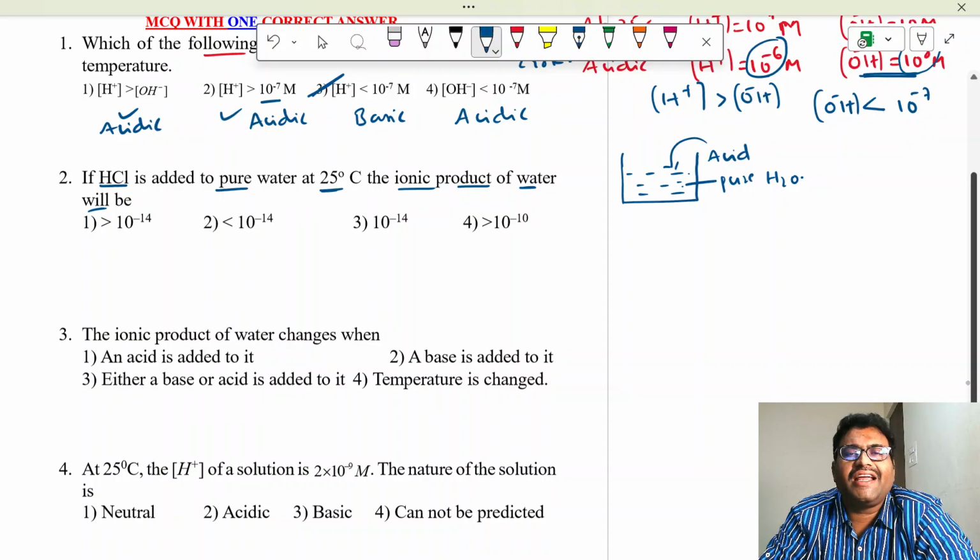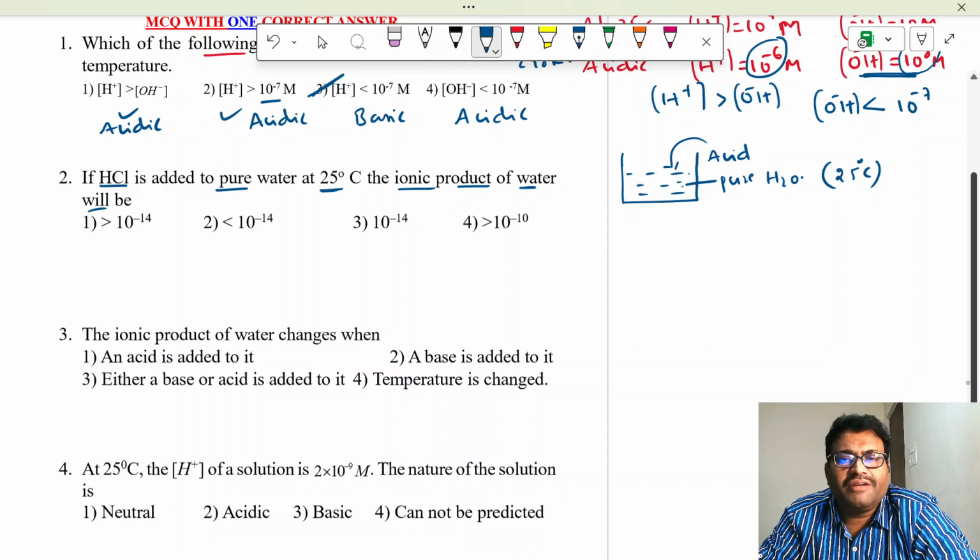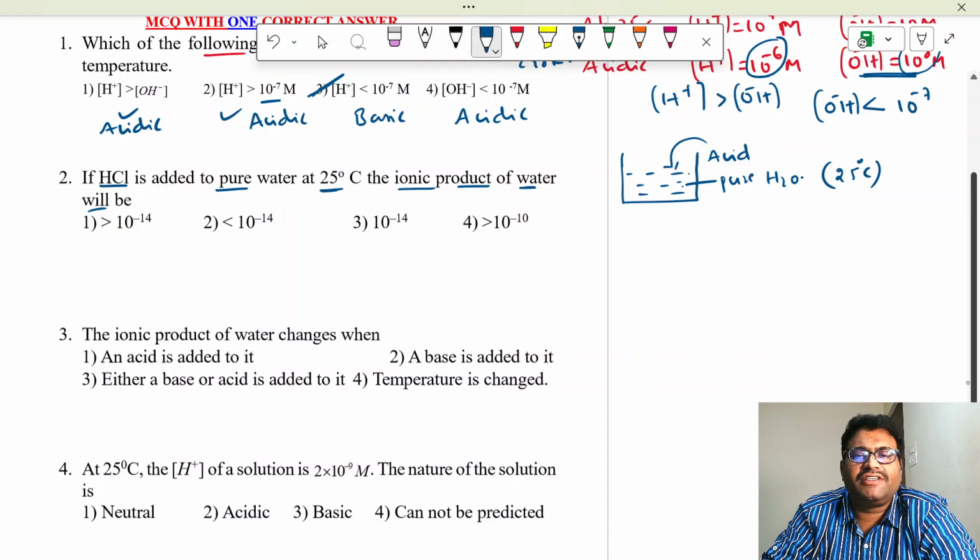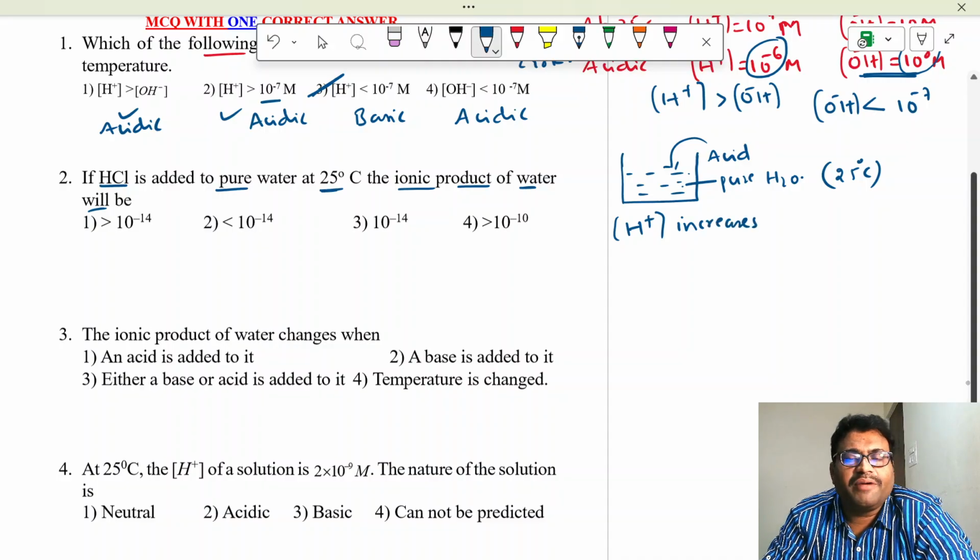When you add acid at a particular temperature, 25 degrees centigrade, it becomes an acidic solution. That means H plus ion concentration increases, because you are adding acid. Acid contains H plus.